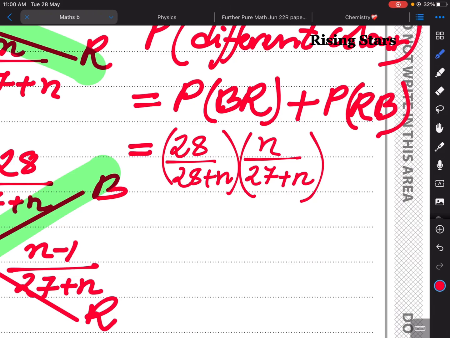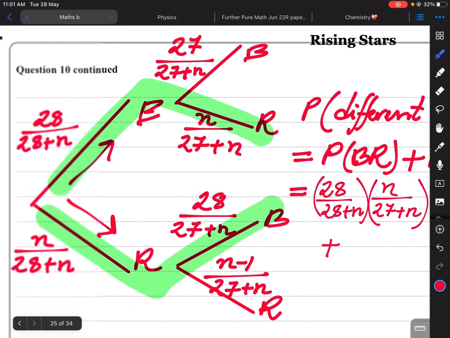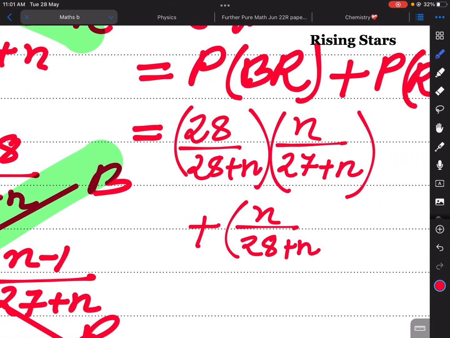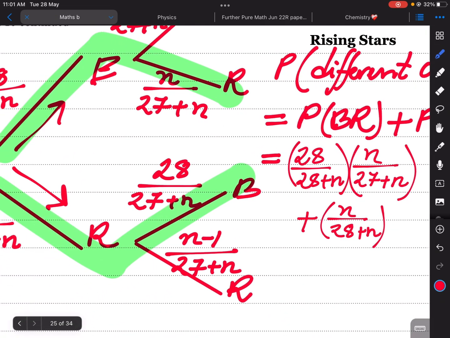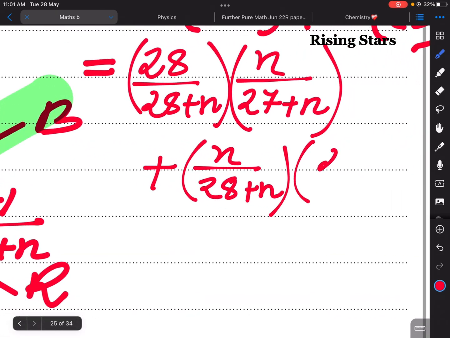Add, let me write down the second line because we ran out of space. The probability of red blue is n over 28 plus n, and then blue is 28 over 27 plus n.